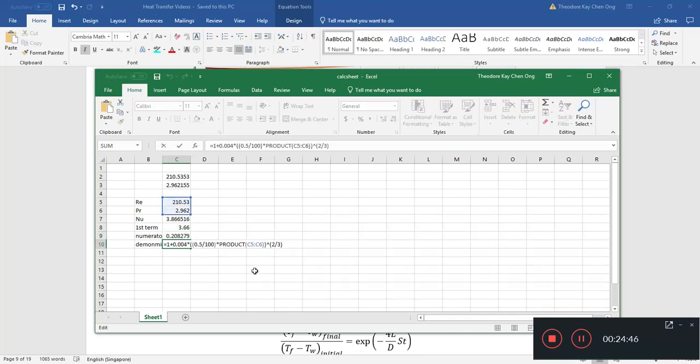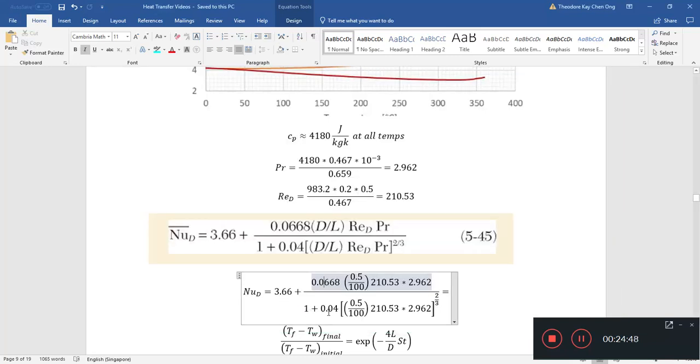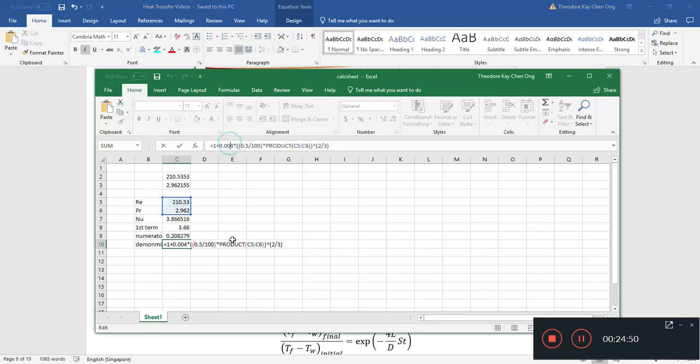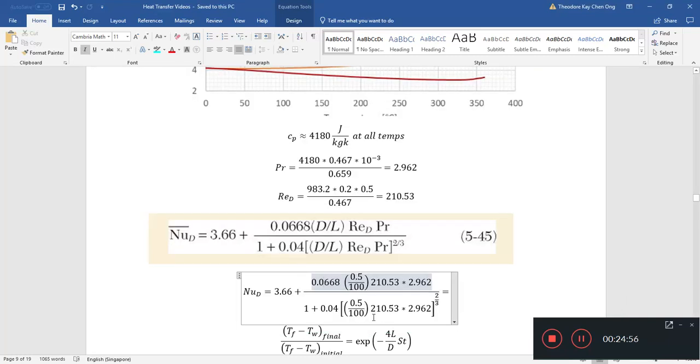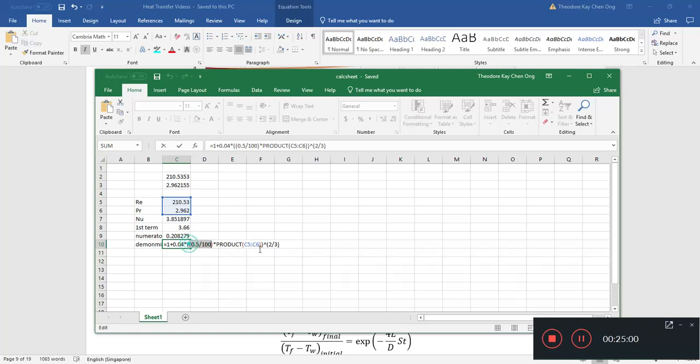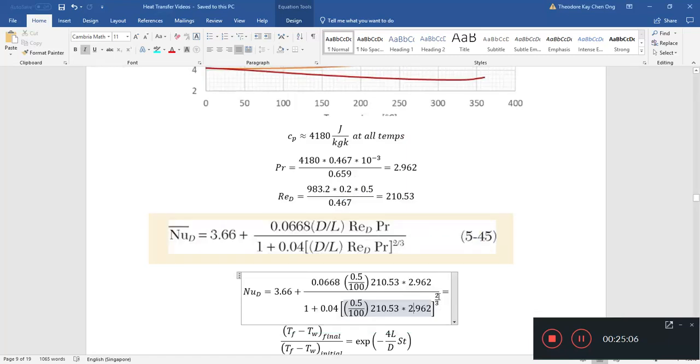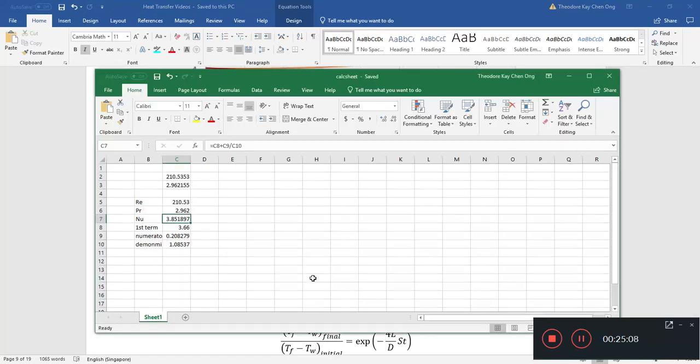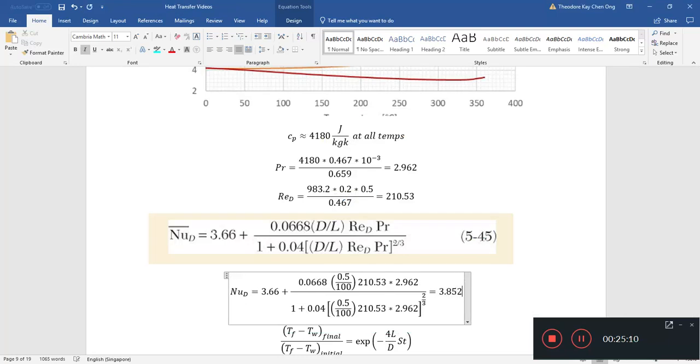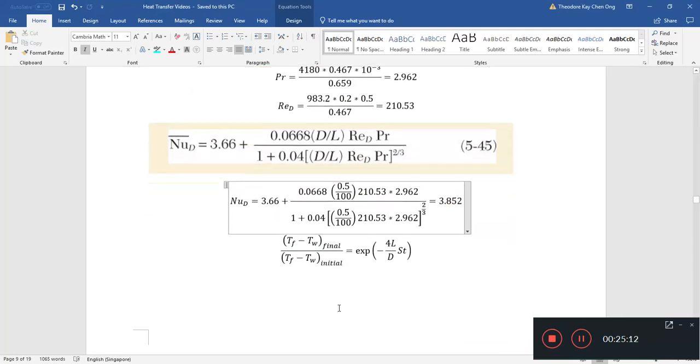And the denominator, 1 plus 0.04 times 0.5 over 100 times the Peclet number. So all this is to the power of 2 over 3. So we have a Nusselt number of 3.851, or 3.852.